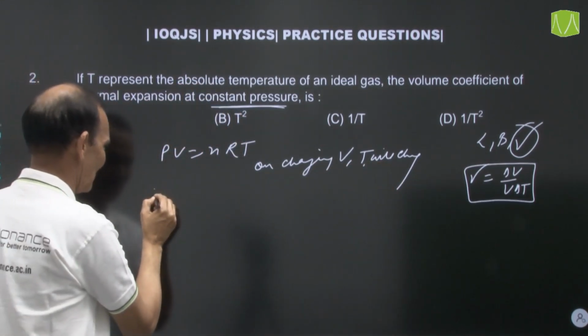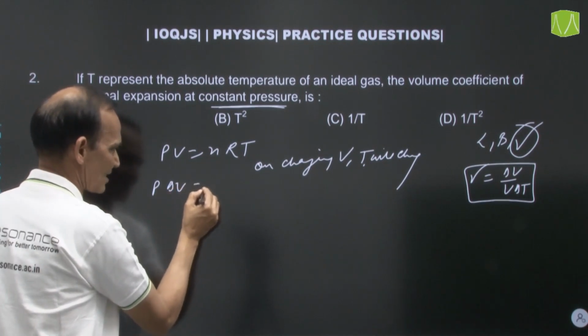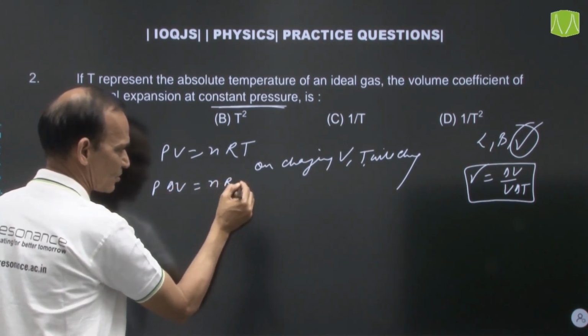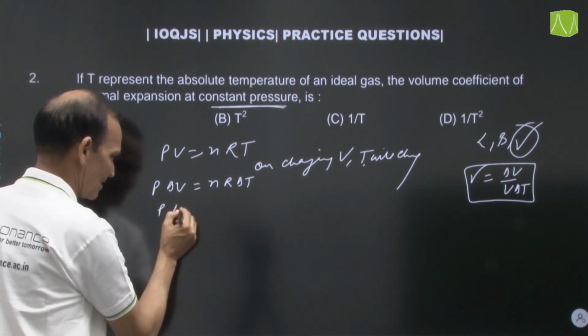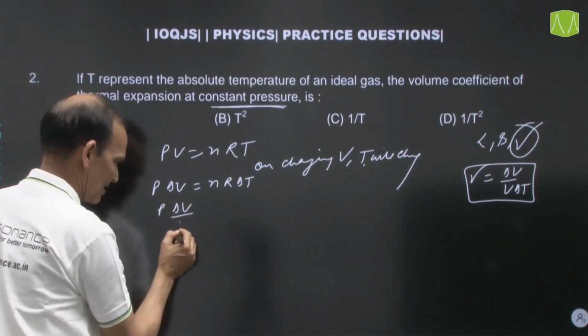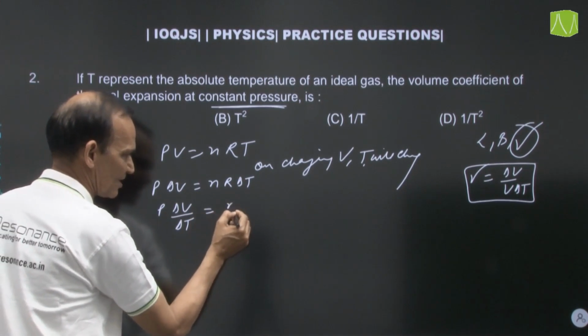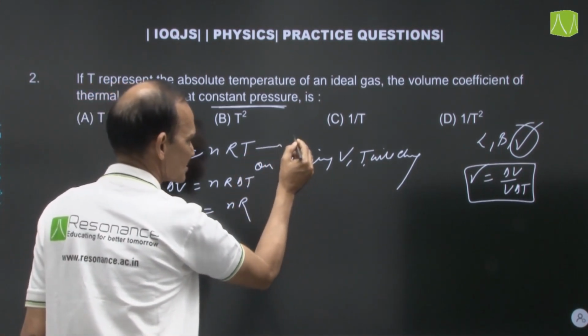So P into delta V will be equal to n into R into delta T. We can easily find P delta V divided by delta T equals nR.